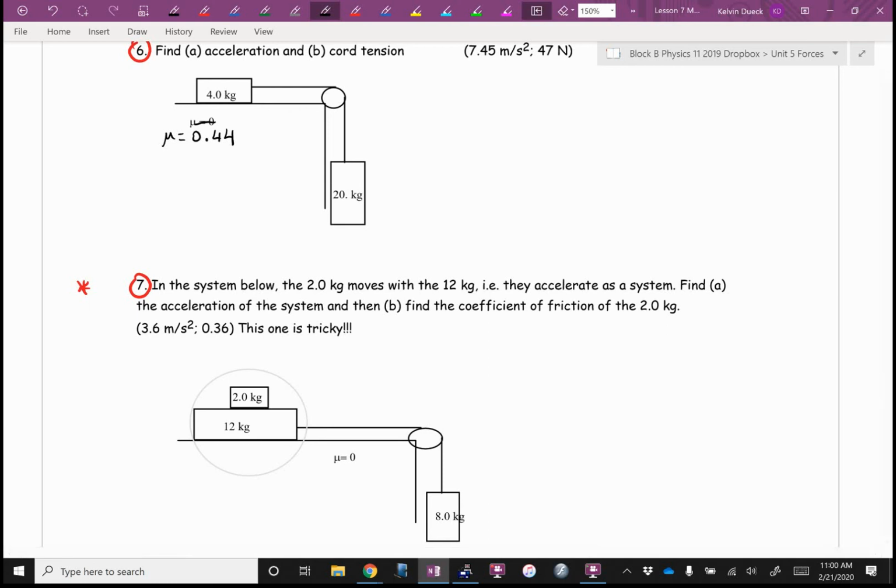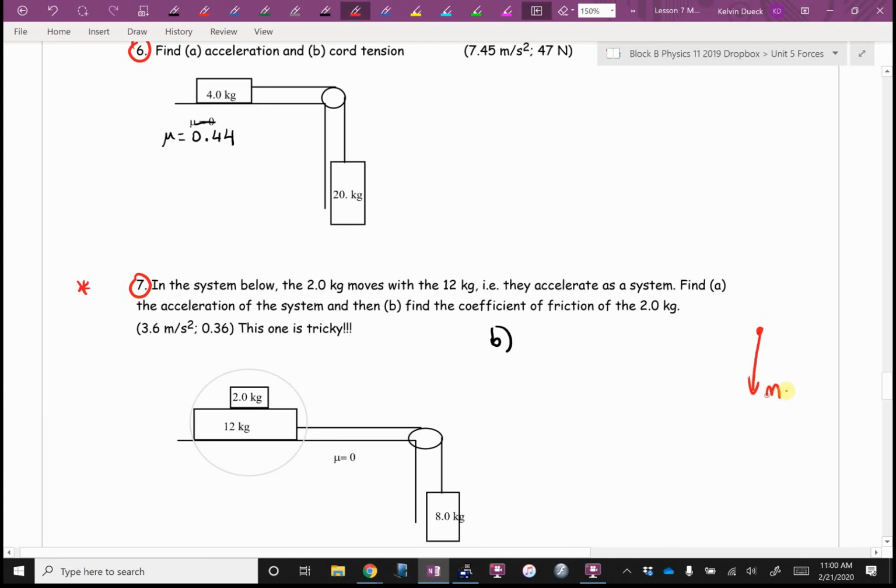What does B want me to find? Which mass? The 2. Okay, this is going to be a little tricky. Let's think about this. So I'm going to do a free body diagram for the 2 kilogram mass. What are the forces acting on it? Get the obvious one.